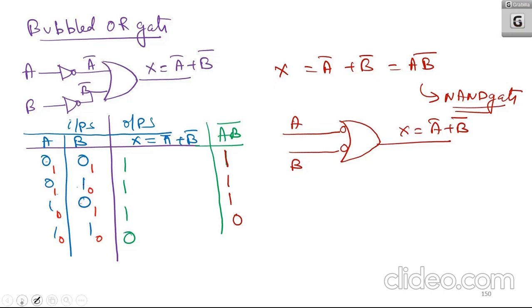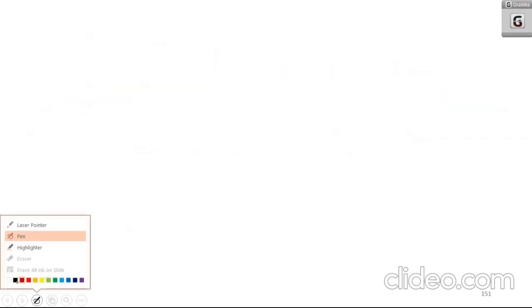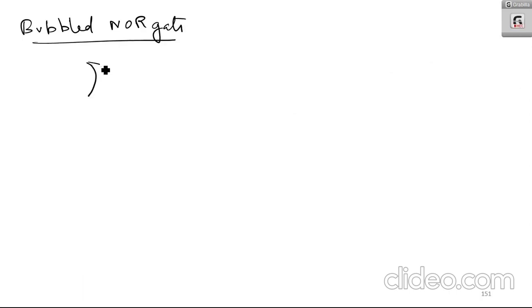Now coming into bubbled NOR gate. Next one is bubbled NOR gate. Okay. So bubbled NOR gate means it is basically a NOR gate, but the input is bubbled.